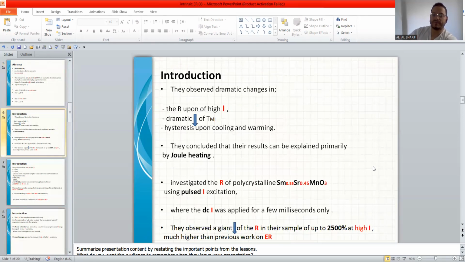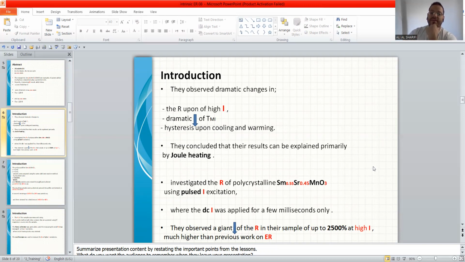Here they observed dramatic change, and we're dealing with some changing fields. The first one is the resistance, specifically at high current, and decreasing the insulating material temperature dramatically. And the third one is the hysteresis between these two different periods, cooling, warming, and warming, cooling.